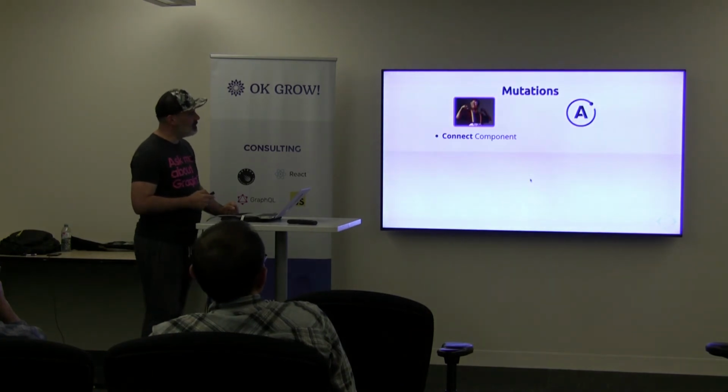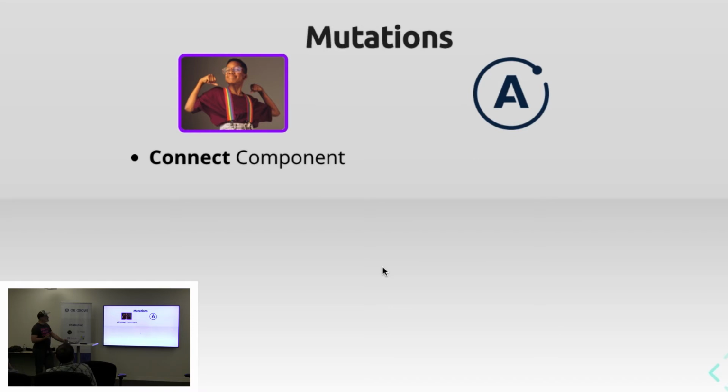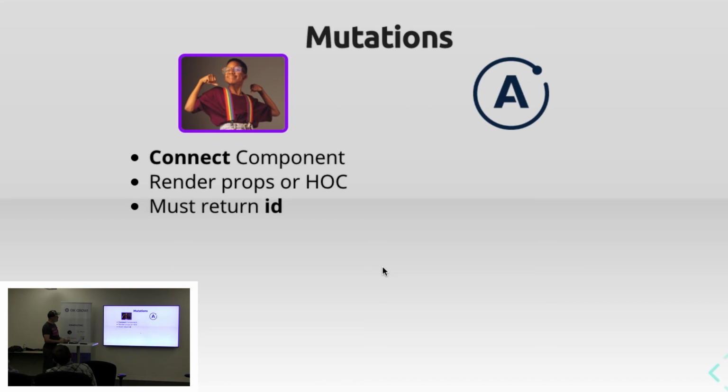Let's see how these compare. Because we have the same, we can use the same connect component, we can keep it for our logic. As we covered, we can see these two options. In my example, I'm using render props just to make it easier to compare with Apollo. There's one but, which is we need to return an ID so Urql can match the objects that are already in the cache.